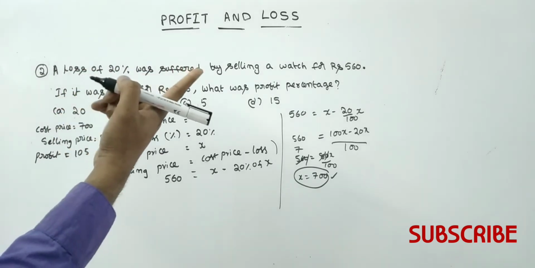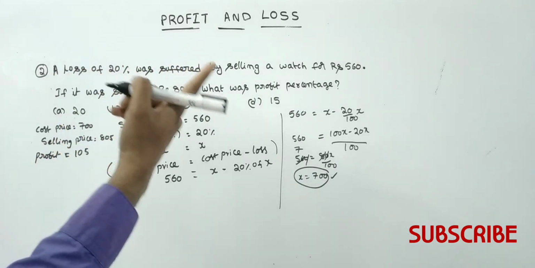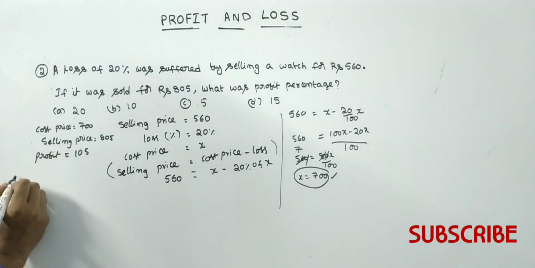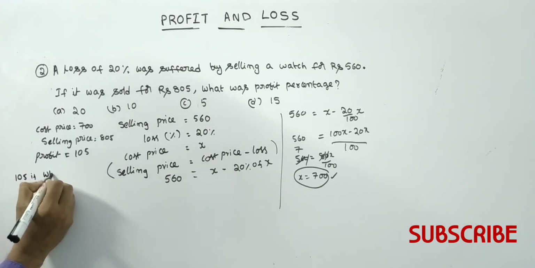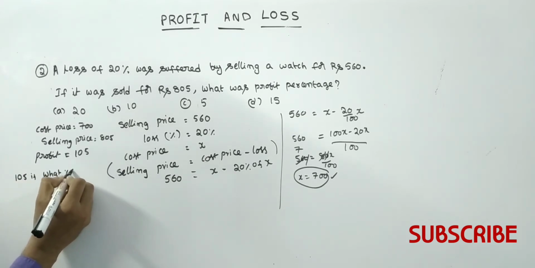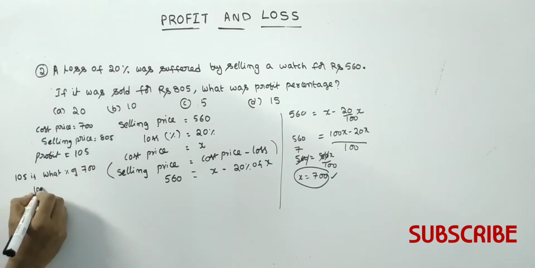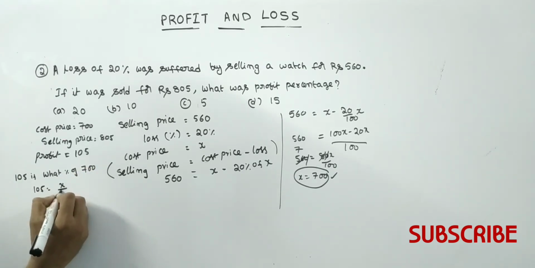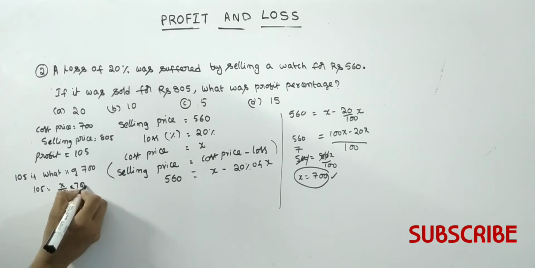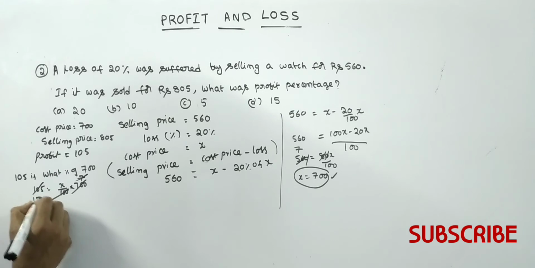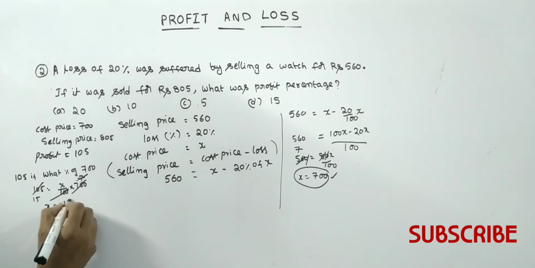Profit percentage. Profit percentage means 105 is what percent of 700? That means 105 equal to X by 100 into 700. 7s are 7, 7 15s. So answer is 15%.